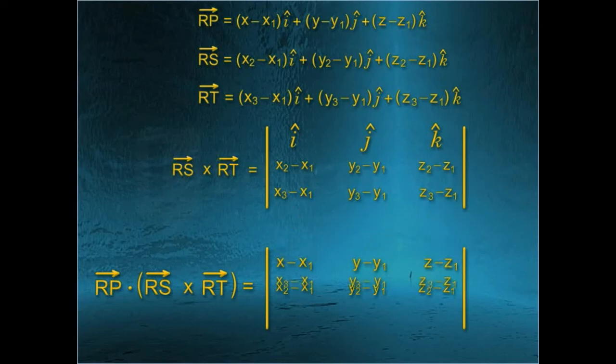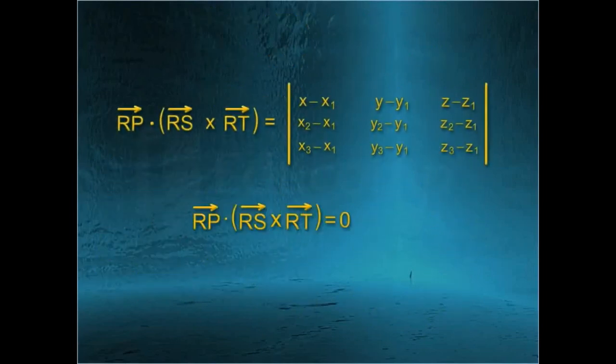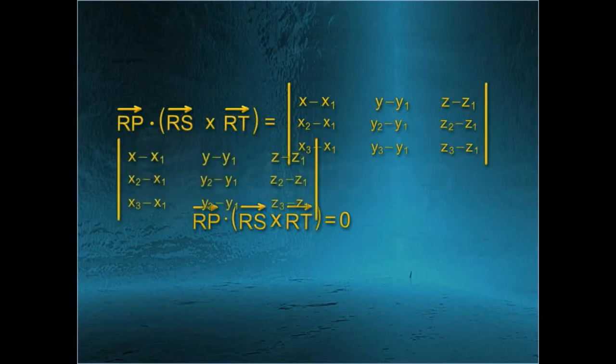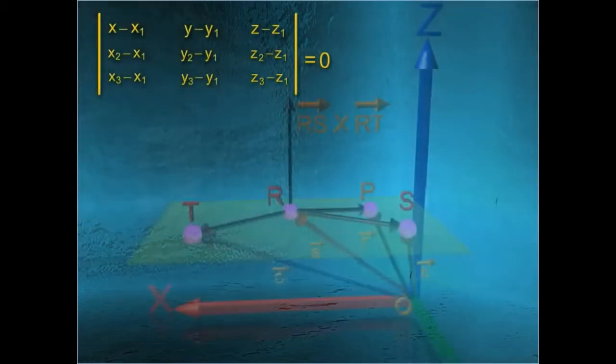Elements of the third row are x3 minus x1, y3 minus y1, z3 minus z1. On substituting the value of the dot product of vectors RP and RS cross RT in the vector equation, vector RP dot vector RS cross vector RT is equal to 0, you get the equation of the plane in Cartesian form.